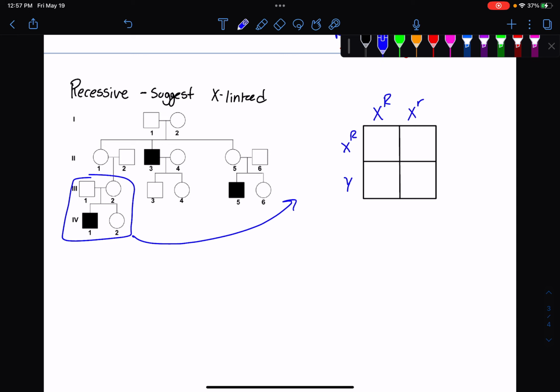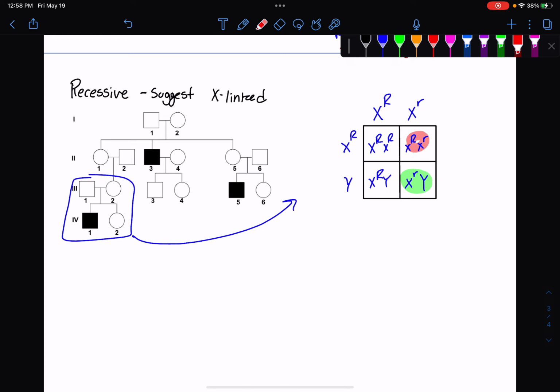We're going to fill this out. Daughter 1, big R, big R. Daughter 2, big R, little r. Son 1, big R, Y. Son 2, little r, Y. This one states that if they only have a recessive allele, they're going to express the trait. Well, guess what? There's one that has that.